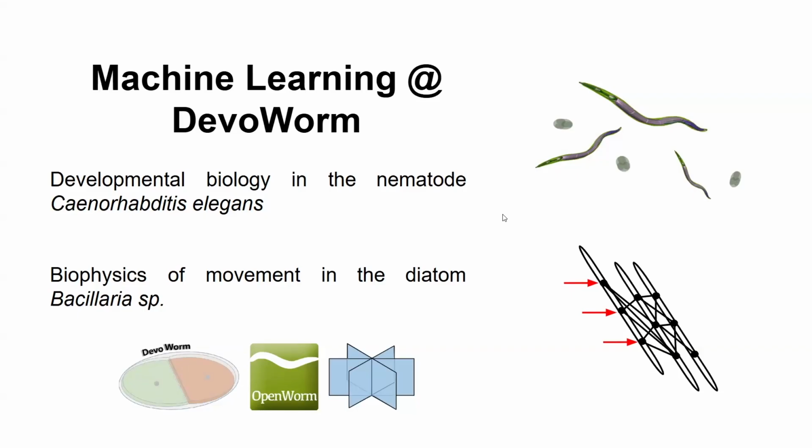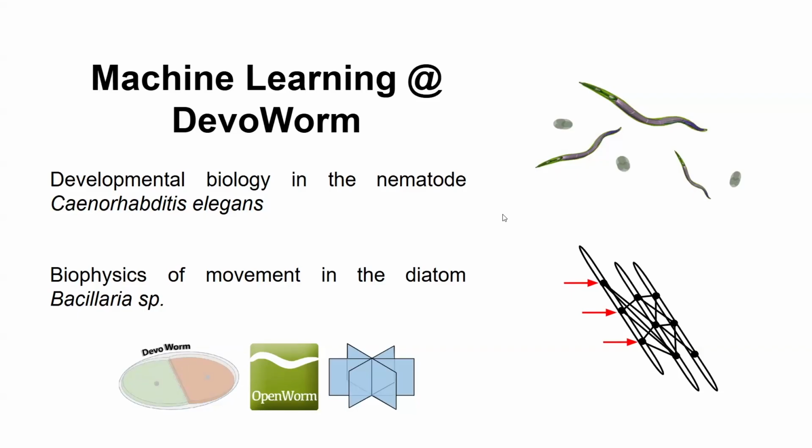So one of the reasons why we're focusing on these two organisms is because we're able to culture both of them. We have very detailed data that we can use. We have behavioral data, we have genomic data, we have other types of data that we use in conjunction. And so we can bring those data sets together to really answer questions in biology.